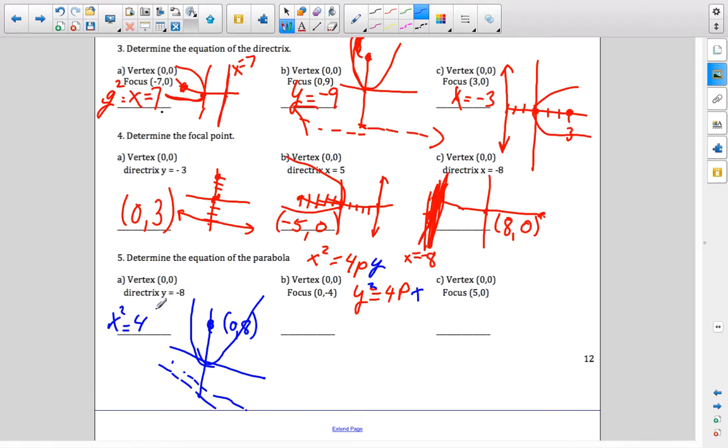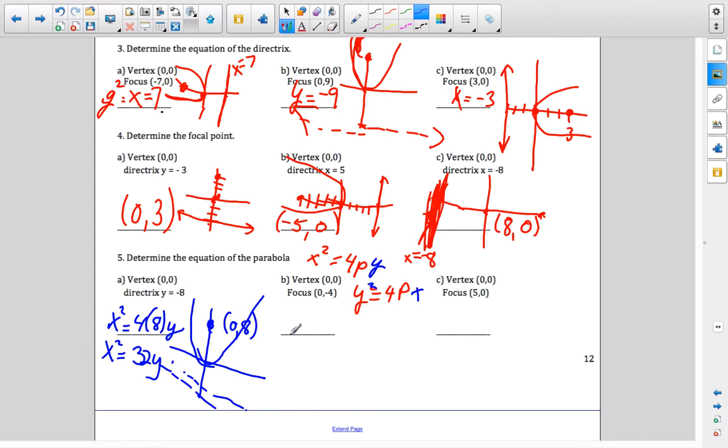The p stands for the distance, 8. Again, the 8 stands for the distance from the focus to the vertex, and it's the same distance as vertex to the directrix, so that goes into the equation. 4 times 8, the distance, times y, so we get x squared equals 4 times 8, which is 32y.